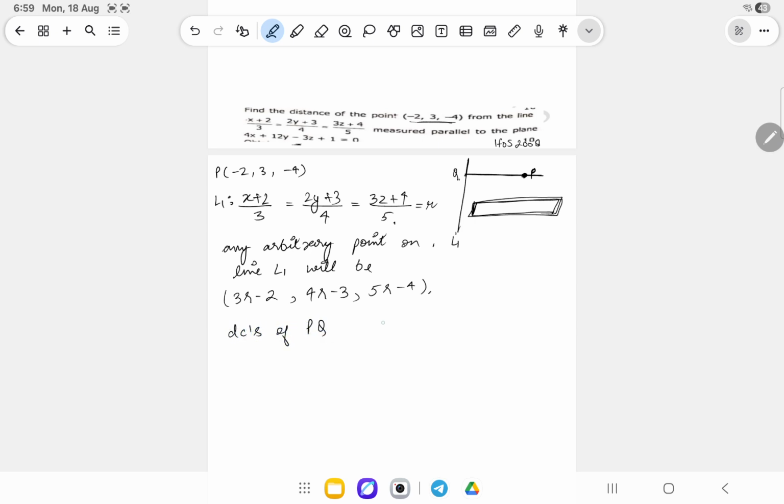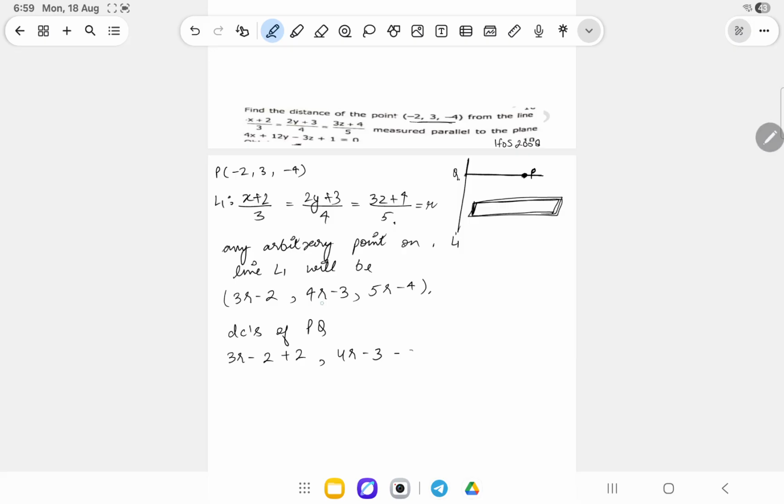So direction cosines of PQ will be 3r minus 2 plus 2, 4r minus 3, minus 3, I guess. Yes, I think we have made some mistake.